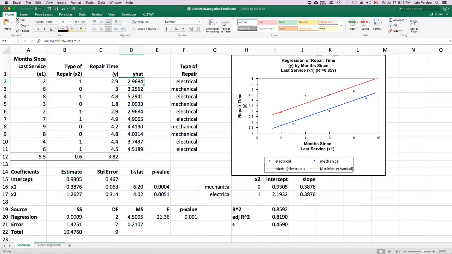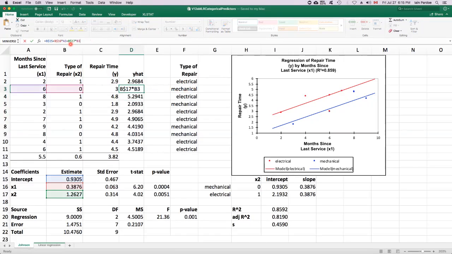What's happening is that this last piece of the equation, the 1.2627, is multiplying either 1 if it's an electrical repair, or 0 if it's a mechanical repair. Let's look at the mechanical repair first, because that's a little simpler.